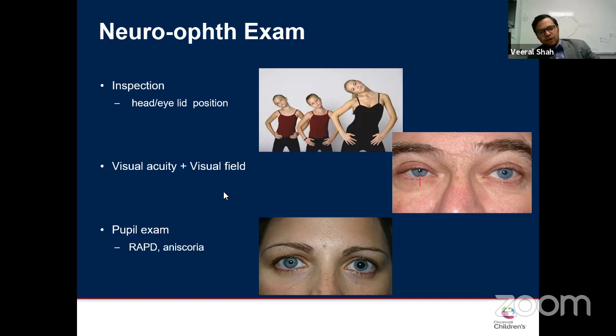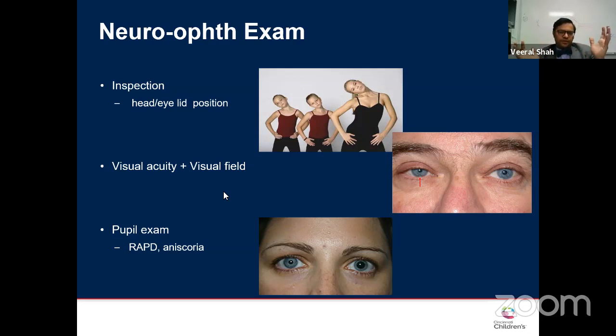So you can get a near card and put it in front of a person, they can read it, but it doesn't say anything about their field, right? So your vision is how sharply you see something, but also how much. Because you could lose all this vision and you could look through a straw and see 20/20, but you've just lost all this vision, right?